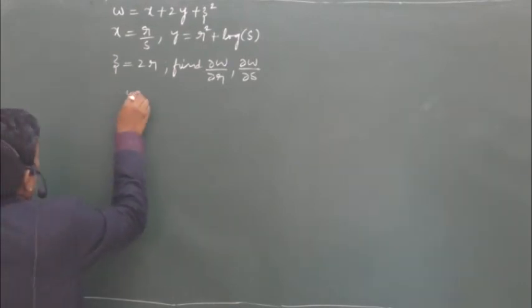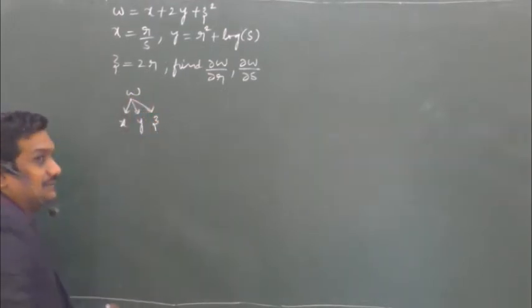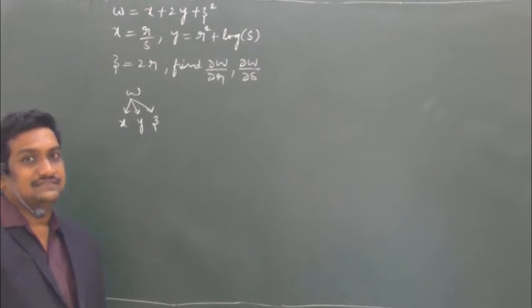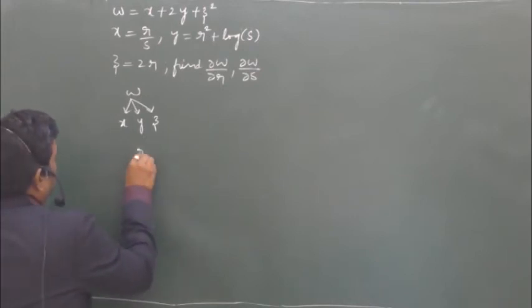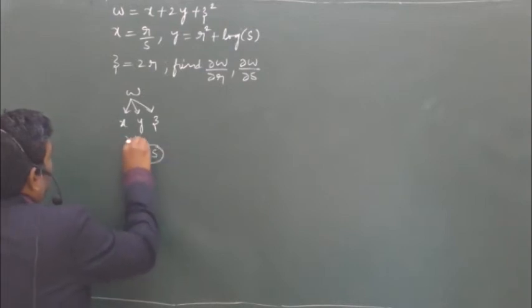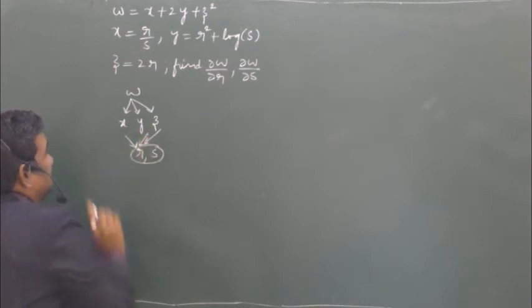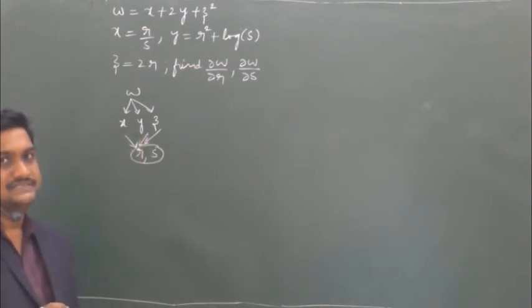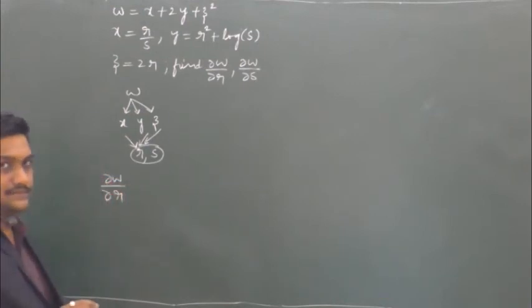Here w is in terms of x, y, z, and x is in terms of r, s. y is in terms of r, s, and z can be taken as in terms of r, s. Now we need dou w by dou r and dou w by dou s.